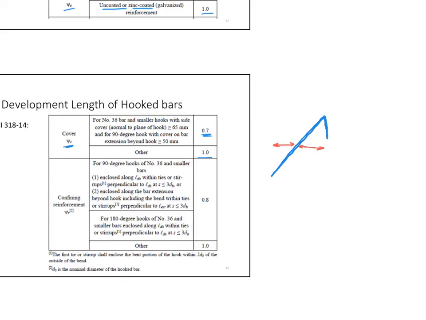My extension beyond the hook is the one beyond the hook, which is the one I see here. Now if I have this enough, more than 50 millimeters, and I have the side ones, which are those guys, more than 65, then I can take psi C as 0.7.